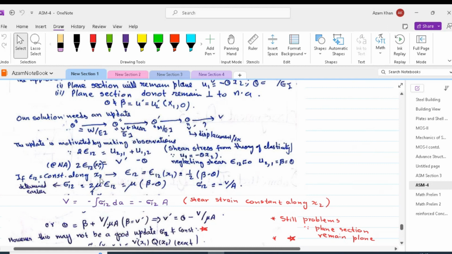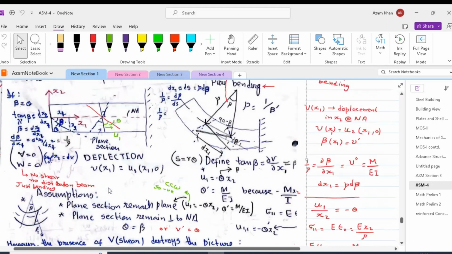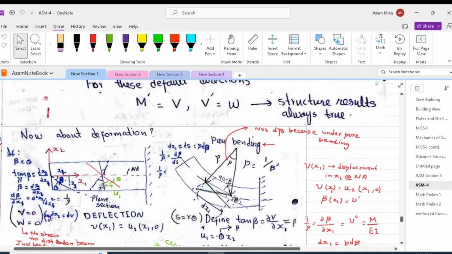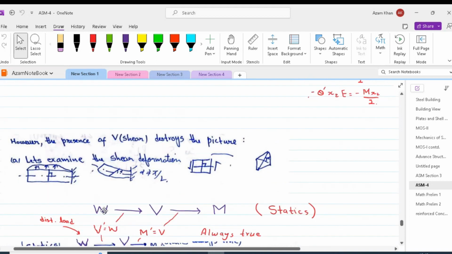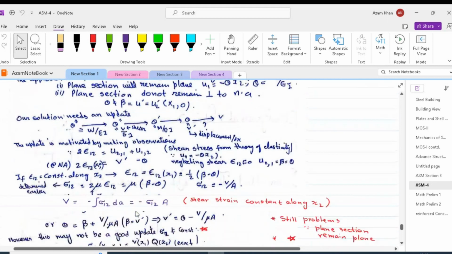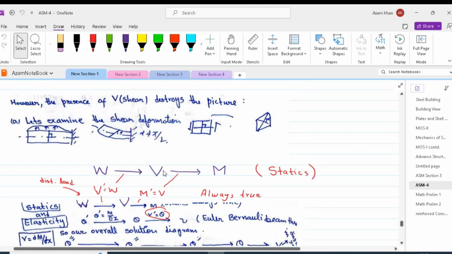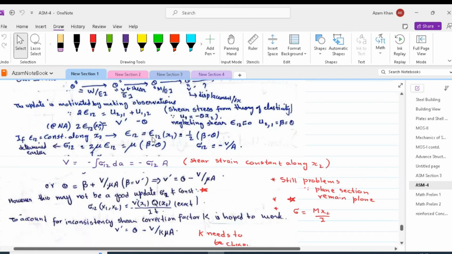If we assume that ε1,2 remains constant along the whole depth x2, then we can write ε1,2 is equal to half of (β minus θ). So u1,2 will give us minus θ, u2,1 is β in our case, and ε1,2 we have written as it is.